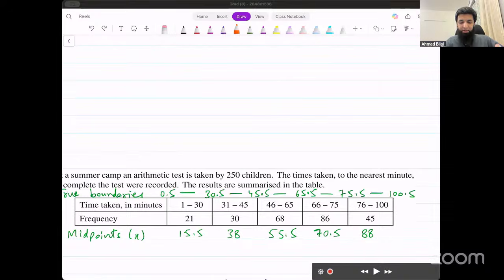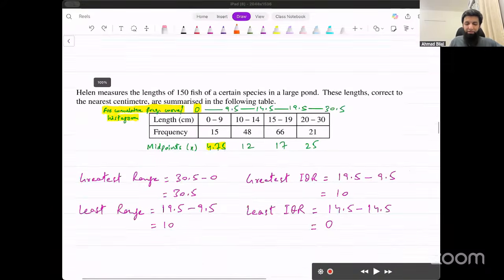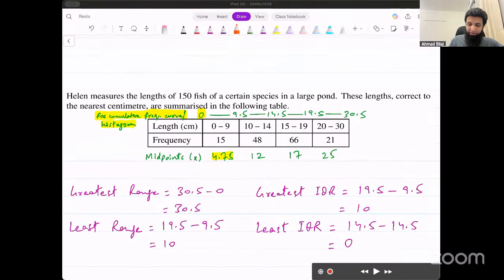But there's one exception. And that is when you have a continuous variable, for example, like this. It's a continuous variable that is length of something. That means it can take decimal values as well. In this case, when you adjust the intervals, since the first interval is starting from zero, you have 9.5 here, 14.5, 19.5. On the upper side as well, 30 becomes 30.5.